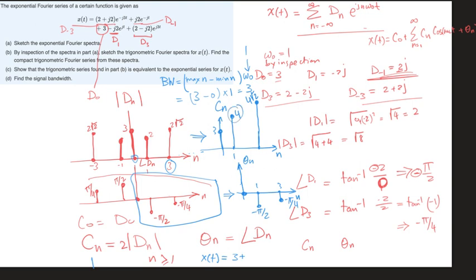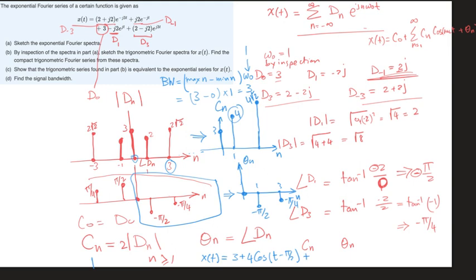It's 4, multiplied by cosine. And what's inside the cosine? 1 omega naught t. Omega naught is equal to 1, so that's t, plus the first angle, theta 1. Rather than plus, it's going to be minus pi over 2.